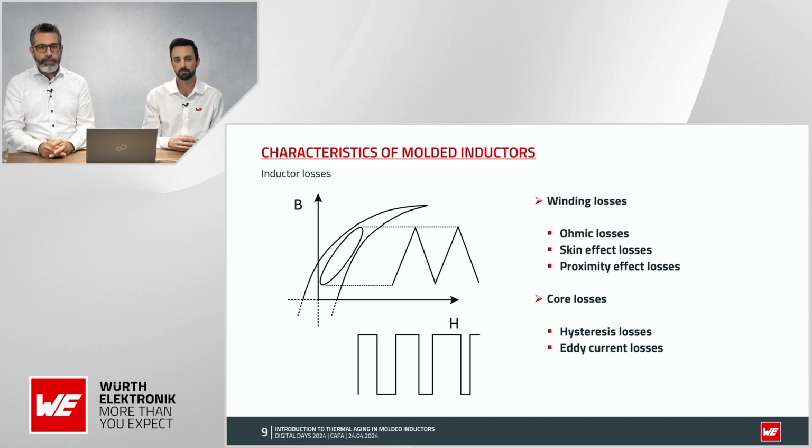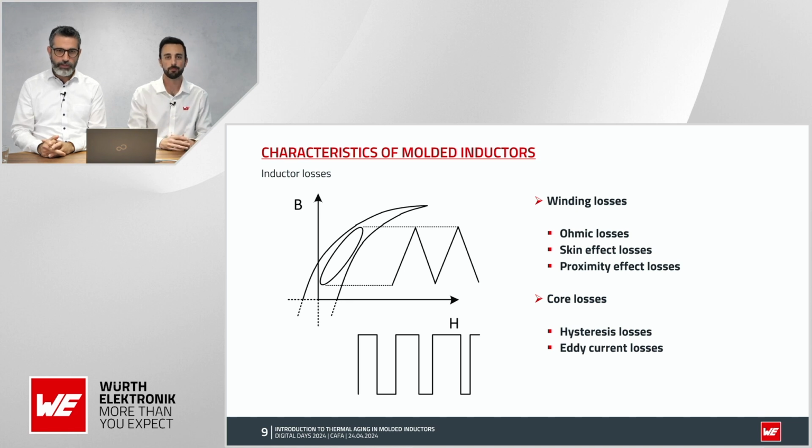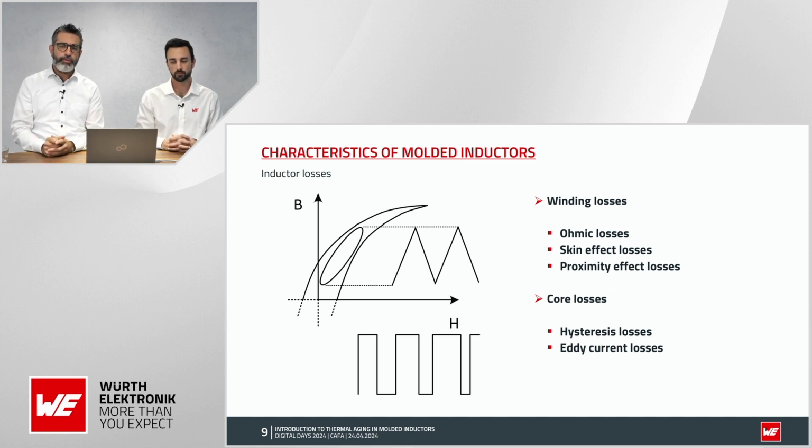Now we will talk a little bit about core losses and winding losses. About the losses, which is also the main topic of this presentation. We can divide the losses in two: winding losses, in regards to the winding, to the copper, and core losses, in regards to the core material.